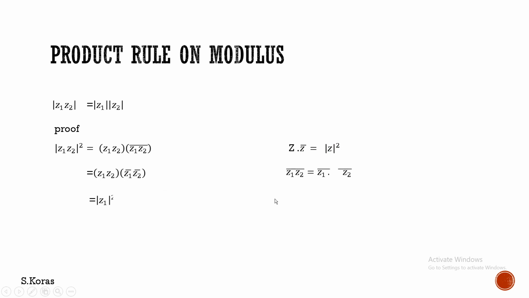And z2 into z2 bar will be modulus of z2 square. So now we have proved modulus of z1 into z2 the whole square is nothing but modulus of z1 square into modulus of z2 square. By taking square root on both sides, we get the answer: modulus of z1 into z2 is equal to modulus of z1 into modulus of z2.